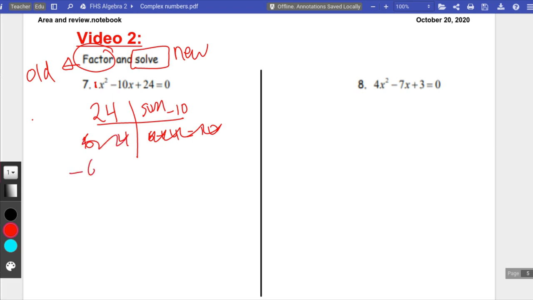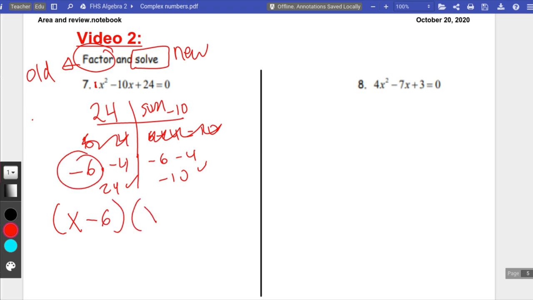But -6 and -4 gives me 24 when you multiply them, and -6 minus 4 gives -10. Check. So I'm going to write x minus 6 and x minus 4. This covers the first part.